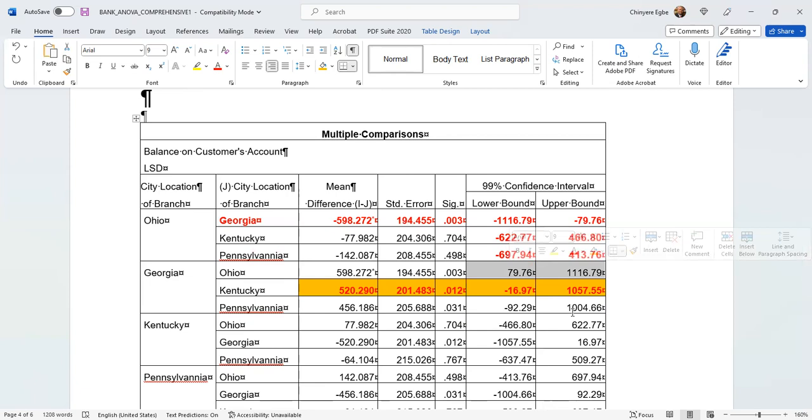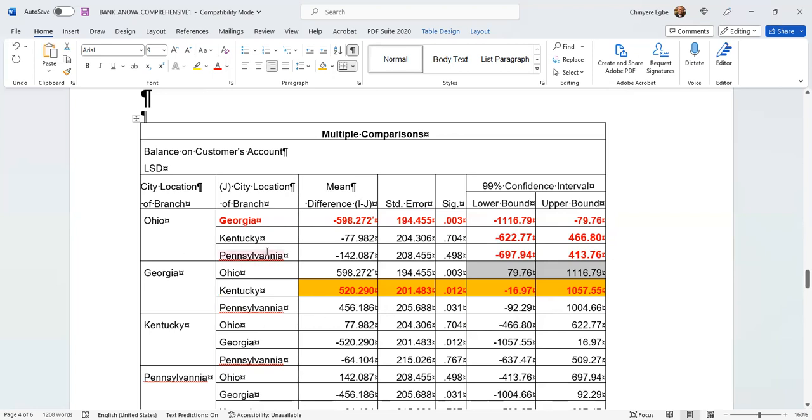So which branch is the culprit here? Ohio. Ohio is the one that is different from the others, because Georgia and Kentucky are the same, and Georgia and Pennsylvania are the same.